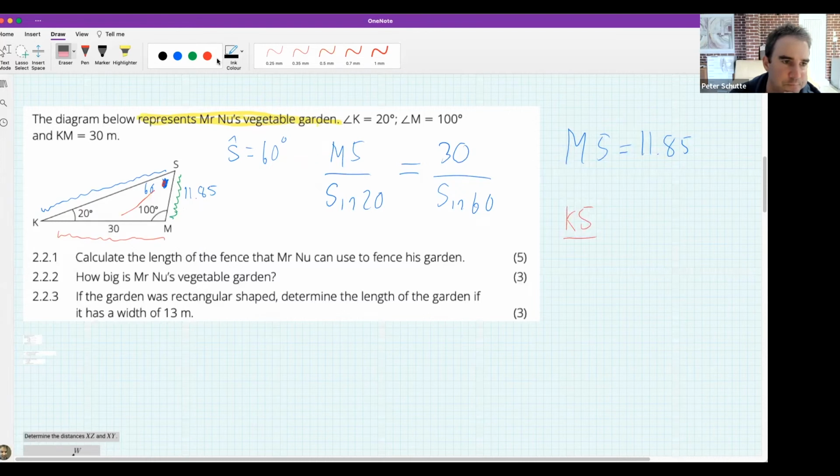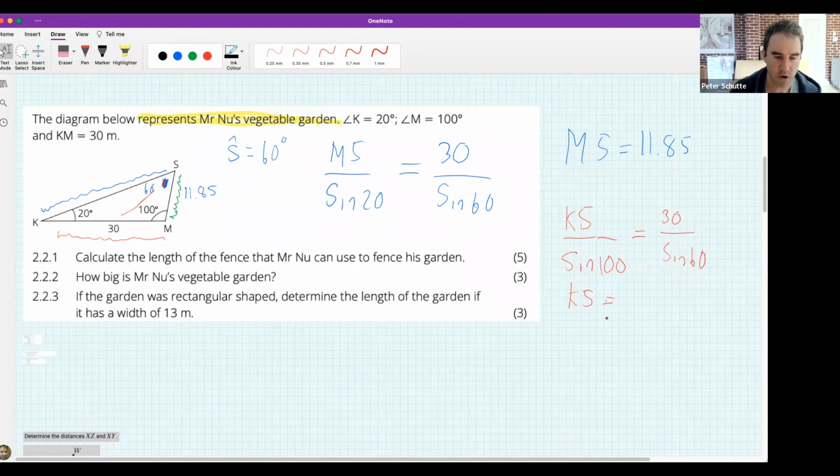Now, when we want to find KS, if you were using the sine rule, it would be sine of 100. So KS over the sine of 100, because it's opposite that. And then I'm going to say 30 over the sine of 60, and I'm going to try and find what KS is.